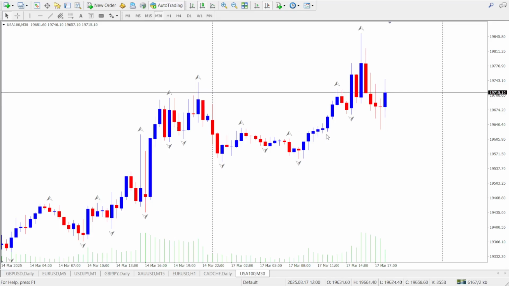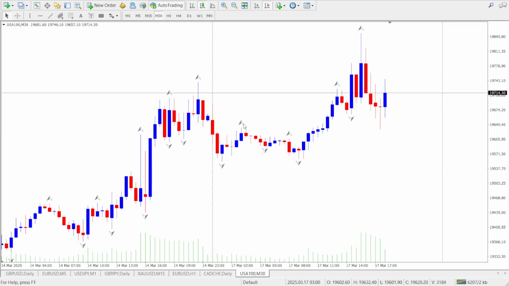Now, the fractal indicator is based on a simple 5-bar pattern that pinpoints potential support and resistance zones on your chart. Here's how it works. A bullish fractal forms when a bar is preceded and followed by 2 bars with lower highs signaling a potential upward reversal.